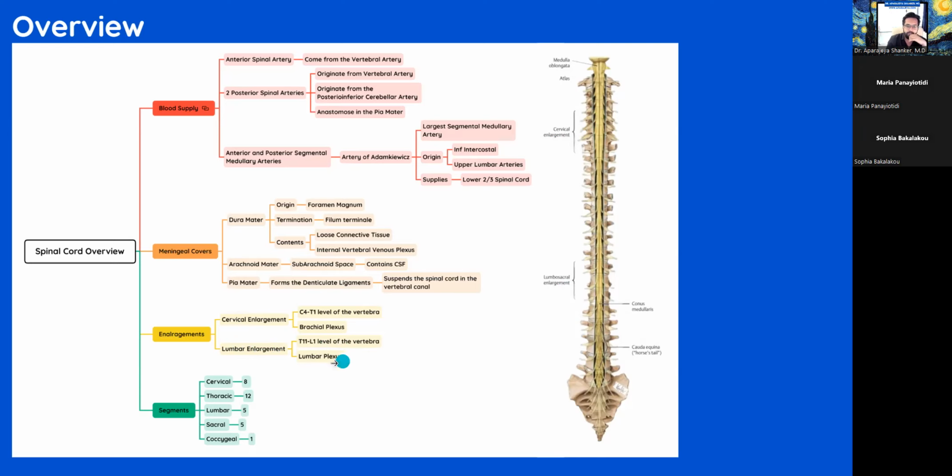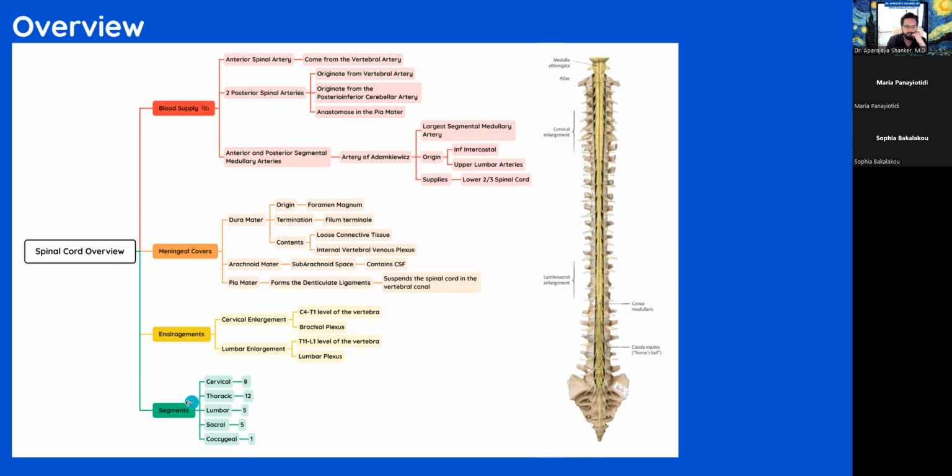Now, one discrepancy you can see is that the text says lumbosacral, while here I say lumbar. It's the same thing, don't worry about it. It essentially begins from the lumbar region, and it can involve some or all of the nerves from the sacrum, or sometimes they combine and then join up here. But the enlargement is the same. It doesn't matter if it's called lumbosacral or lumbar.